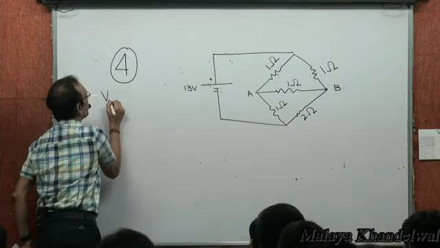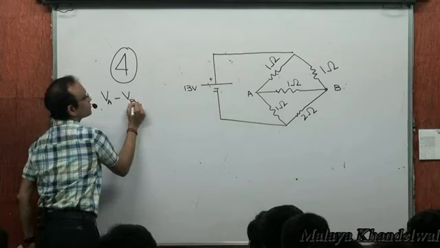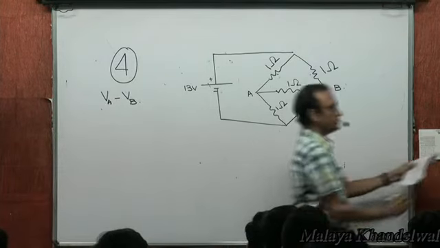We seek to find VA minus VB in this problem, right?